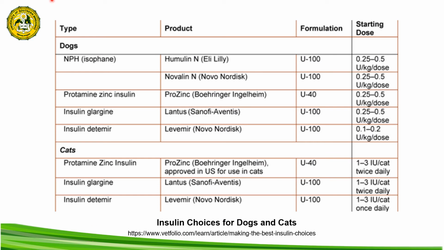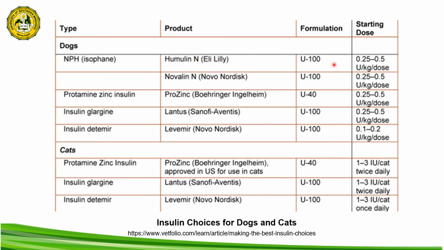This table here represents the drugs that are recommended for the treatment of diabetes for dogs and cats. Now for dogs, we have here the NPH. The NPH is considered to be an intermediate-acting insulin, and it is available in human recombinant product.